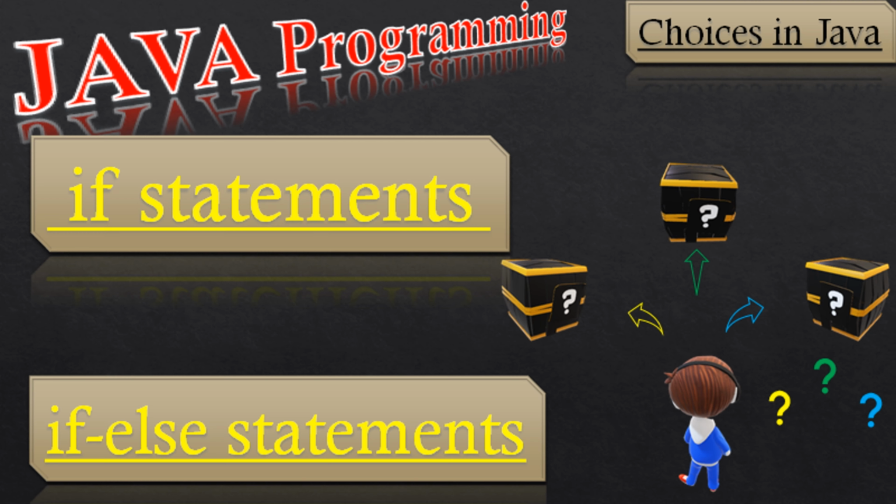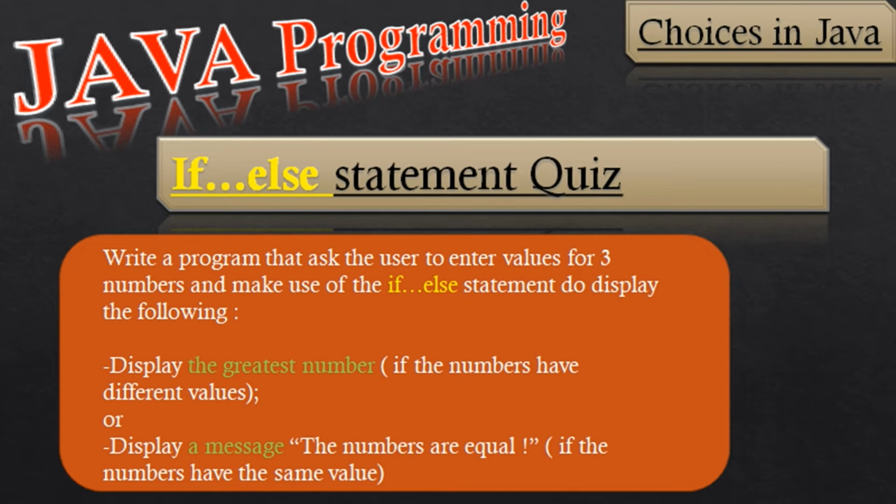Now I will start with going back a bit to the previous video. When we ended the previous video we had a quiz, and in that quiz it was about a program that asked the user to enter three values for three numbers and then make use of the if-else statement to display either the greatest number if there are different values or a message where the numbers are equal in the case that the numbers have the same value.